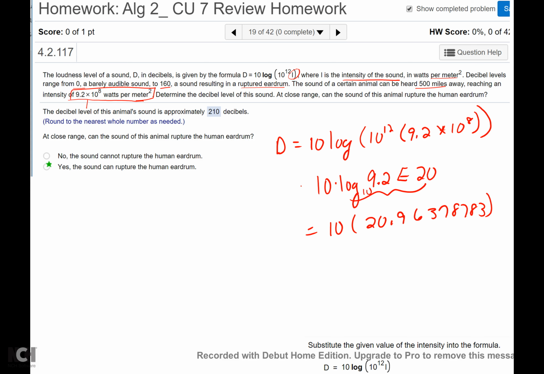Multiply that by 10 and you get 209.6378783. It says round to the nearest whole number, so the 6 bumps that up to a 10. So that's where they got the 210. And since that's more than 160, which can rupture an eardrum, yes, that animal could rupture a human eardrum.